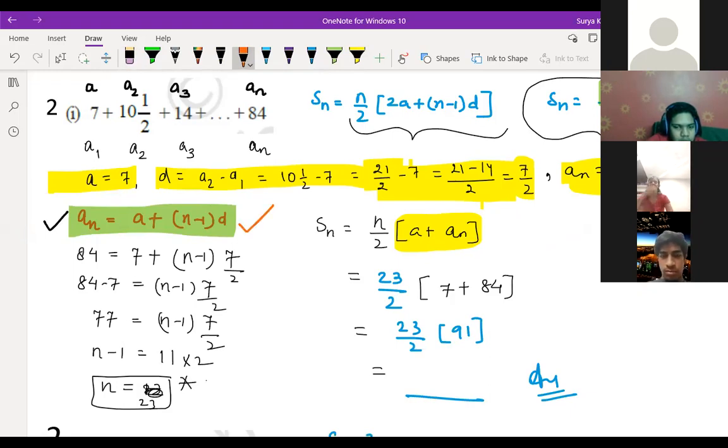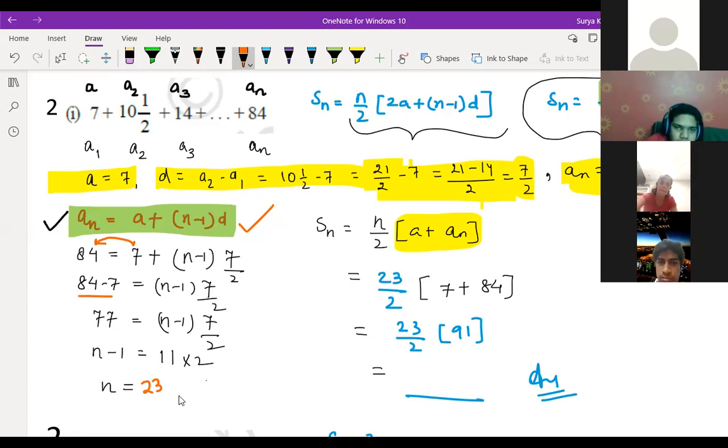So by this formula we got n is equal to 23. You can just find, children. Just try whether you're getting the same answer or not. n is equal to 23 we are getting over here. So 84 is equal to 7 plus n minus 1 into d. Difference is 7 by 2. Then we are sending 7 to this side. It becomes 84 minus 7 is equal to n minus 1 into 7 by 2.